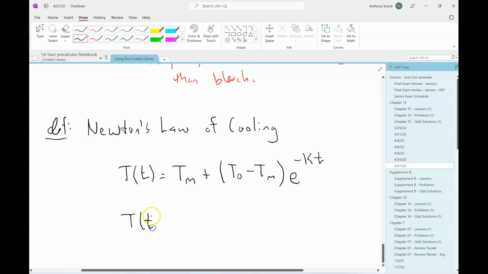So T of t is the temperature of an object at time t.